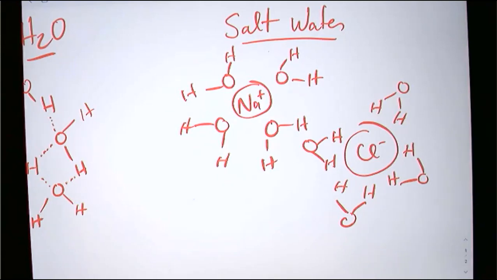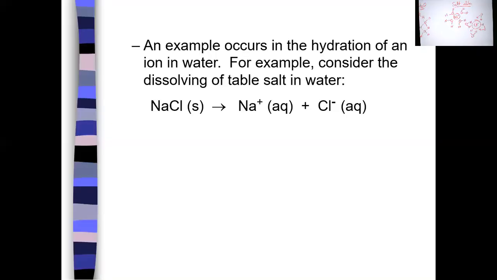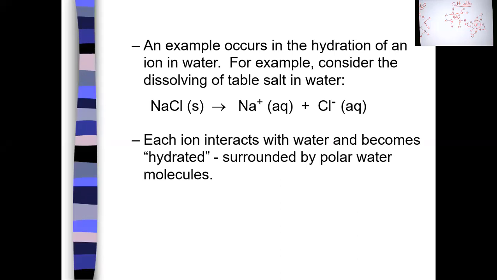Now, that ion is now surrounded by water molecules. There's a name for that. The ions, when they're surrounded, we put AQ beside their symbols. We say they're aqueous. Up till now, we've just sort of said aqueous means in water. In fact, aqueous means not just in water, but in water and surrounded by water molecules.